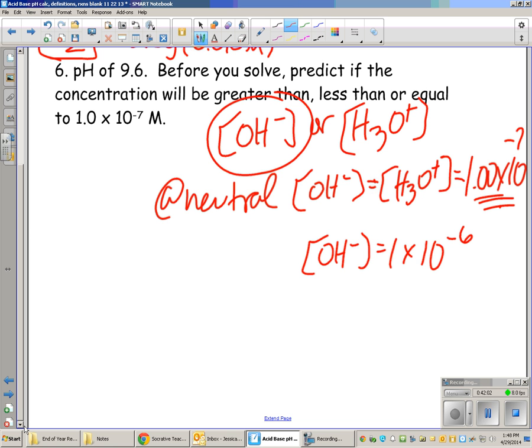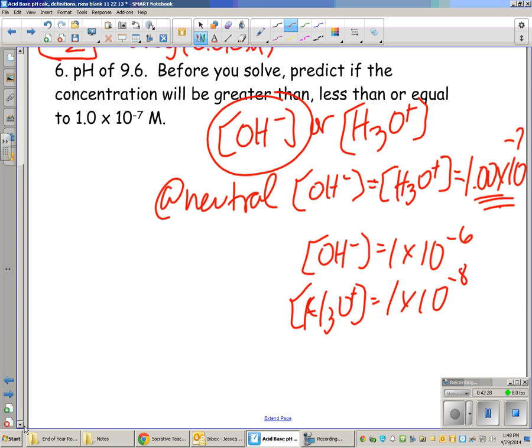Negative 6 is greater than negative 7, because the decimal's back one. Something even bigger would be 10 to the negative 3. So don't forget that going closer to 0 is bigger than closer to negative 14. So OH could be something like that. That would mean hydronium would be 1 times 10 to the negative 8. How did I do that in my head?